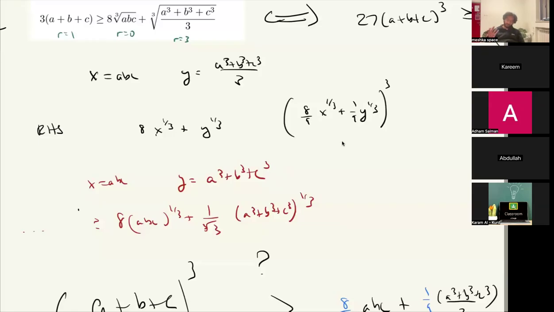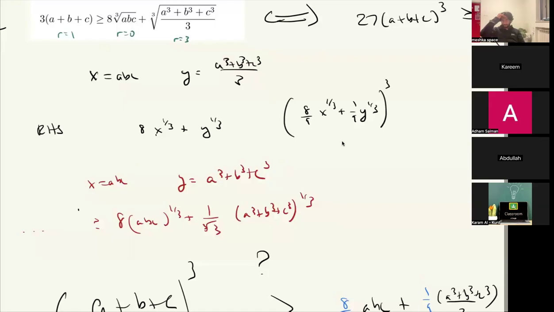But this won't work. And the reason it won't work is because what's the equality case for power mean? It's when all of the variables are equal. If I make these equal, it's not the correct equality condition. The correct equality condition is a equals b equals c, right? And that will happen when these are equal, but not when these are equal.